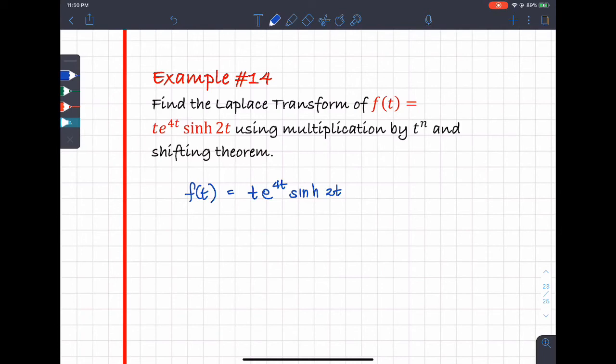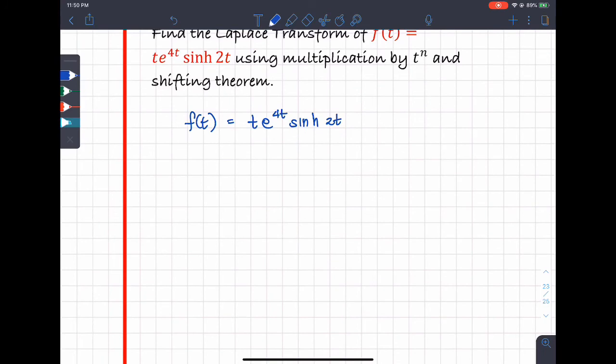use the multiplication by t raised to n, and then afterwards we're going to shift. So I think the easier one would be multiplication by t raised to n first, and then we're going to shift. Because if we shift right away, we'll have a longer function to differentiate.